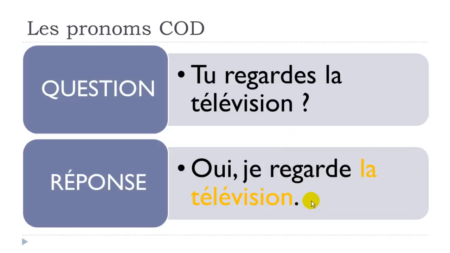So of course it's possible to repeat this part, la télévision, but then if we are honest, in most of the cases we won't repeat la télévision. In that case, we will use what we call pronoms, just to avoid repeating this word.